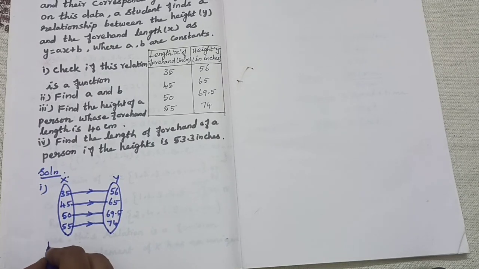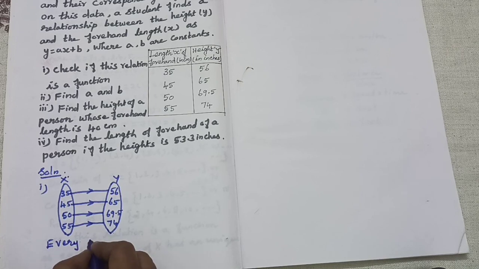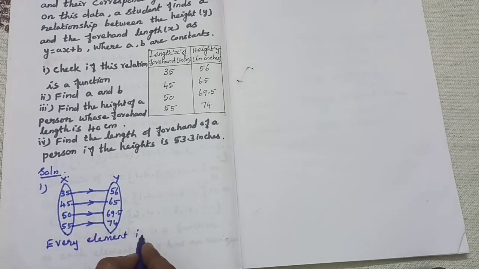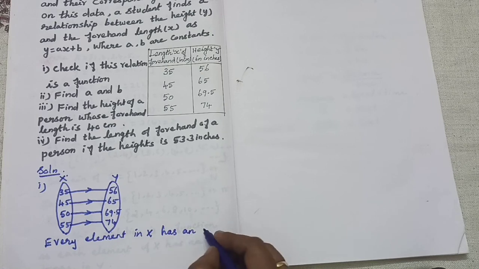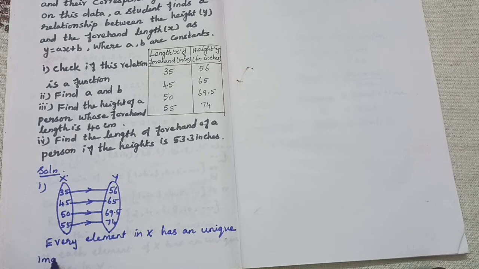Every element in X has a unique image in Y, isn't it?